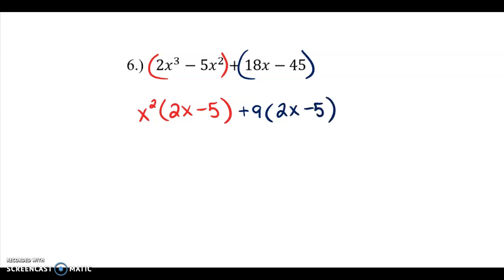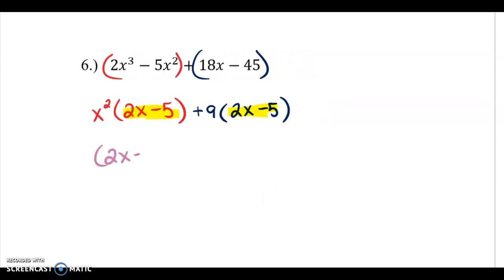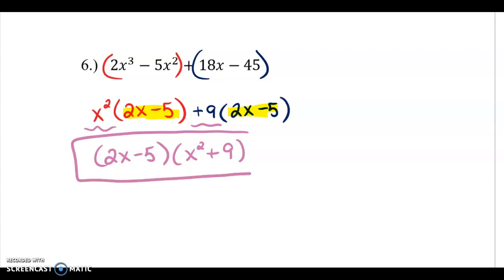So I have the same set of parentheses, which is what I wanted, so my first term is 2x minus 5. My second term would be my GCFs, which is x squared plus 9. X squared plus 9 is not a difference of squares because it would have to be minus, because difference means subtraction. This is addition, so I'm going to leave my answer as it is.